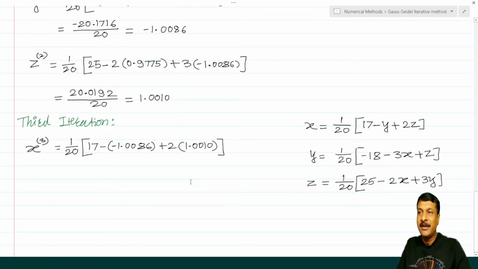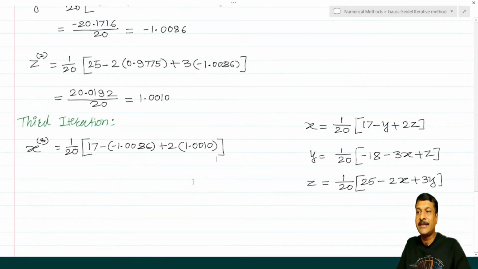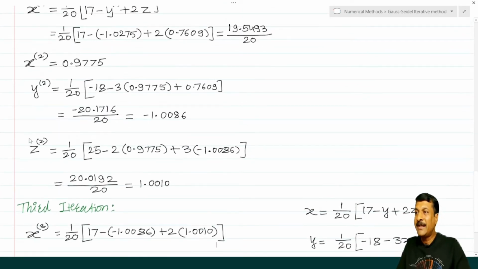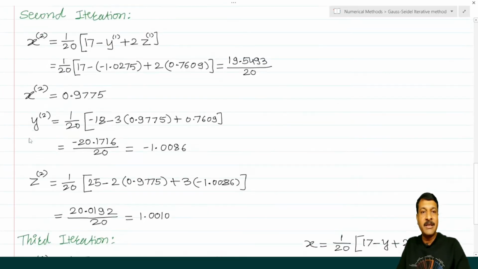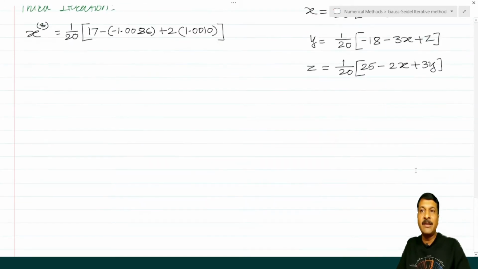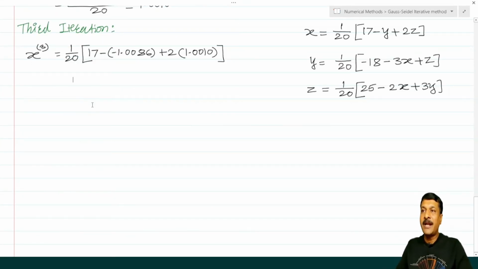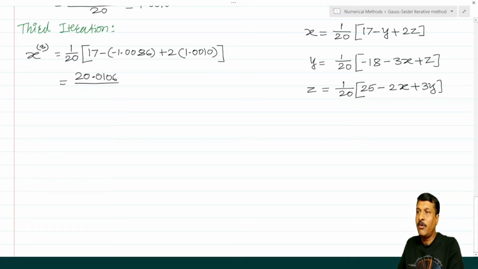Note that without this table also you can consider only the second iteration, meaning the last value of z and the last value of y. But here there are chances of getting wrong steps or a wrong value. So it is very easy by table. So by calculator you find this value. So I am getting 20.0106 whole divided by 20. So the new value of x is 1.0005.